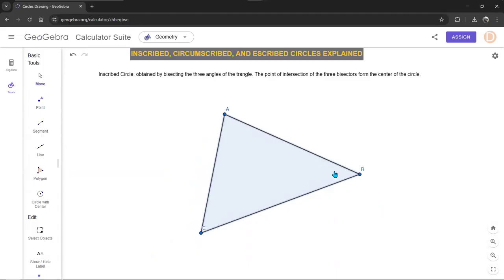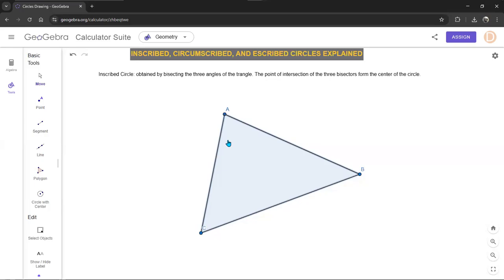So first of all, we bisect the angles so that we can get the point of intersection of the bisectors. I'm not sure if you have been through bisecting, but I know if you are past the middle part of high school, you must have done this.